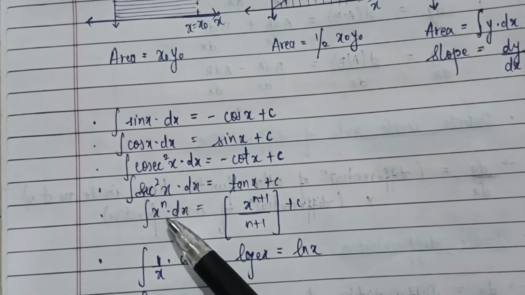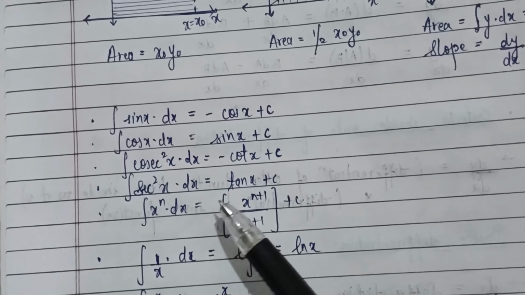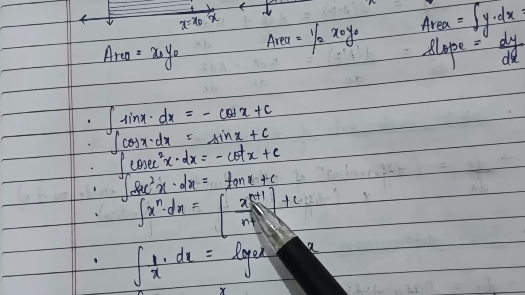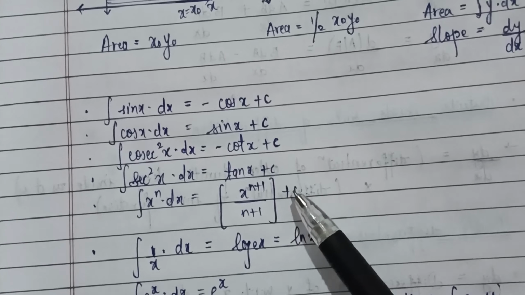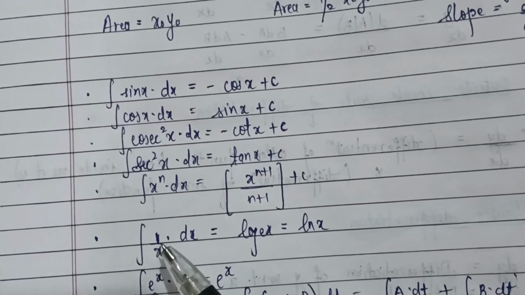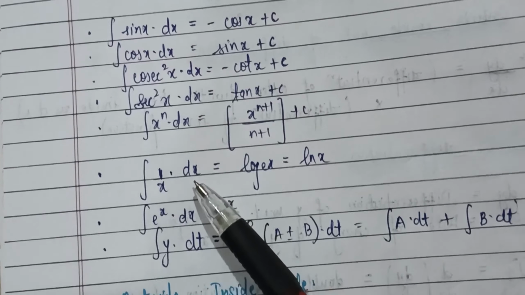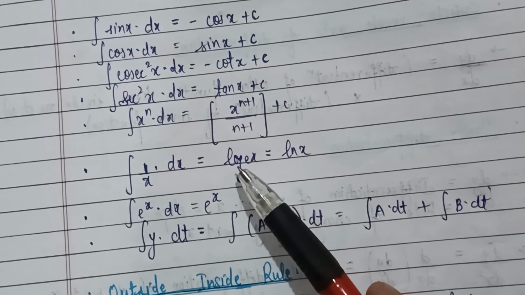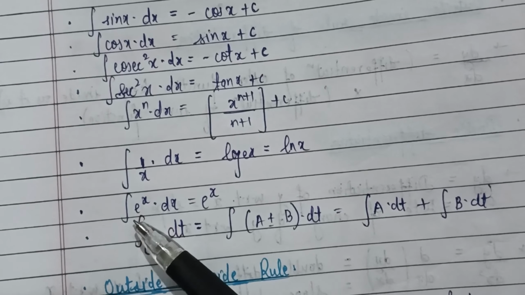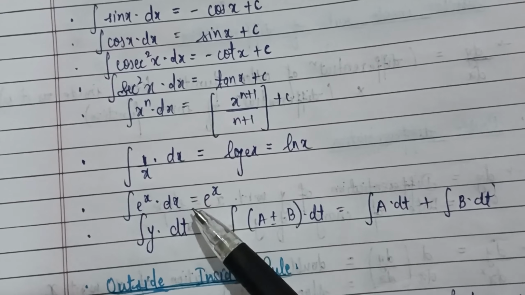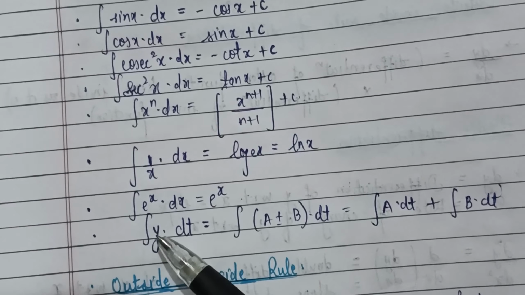Integration of x to the power n dx is equal to x to the power n plus 1 upon n plus 1, plus c. Integration of 1 by x dx is equal to log x, which is ln x. Integration of e to the power x dx is equal to e to the power x.